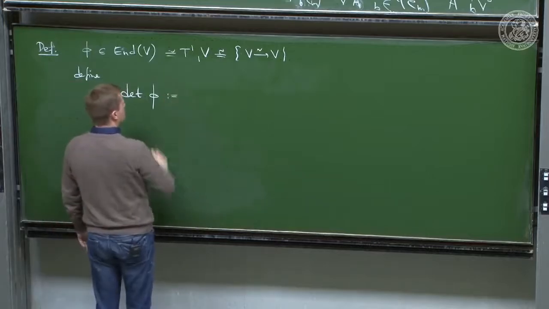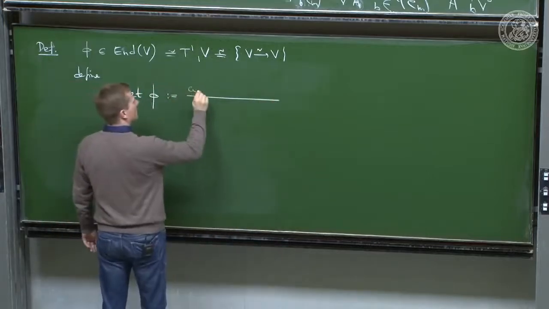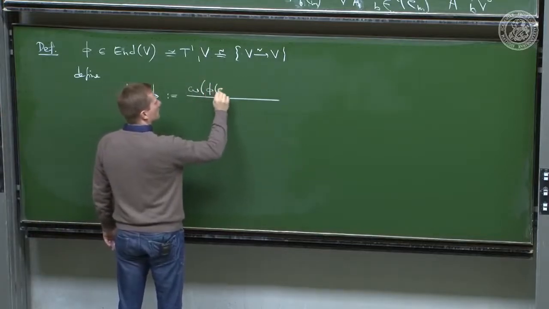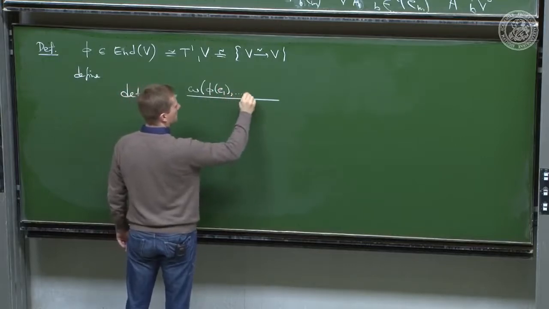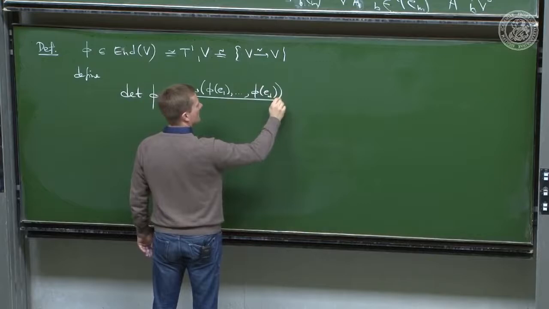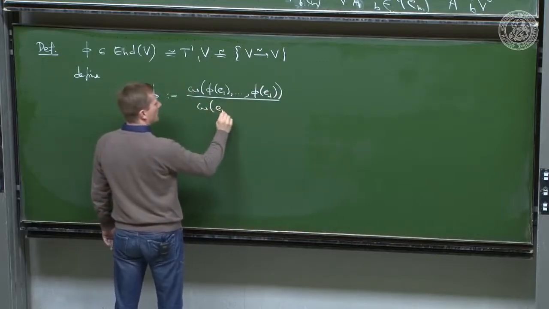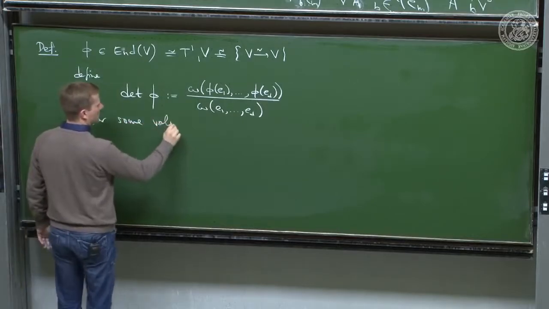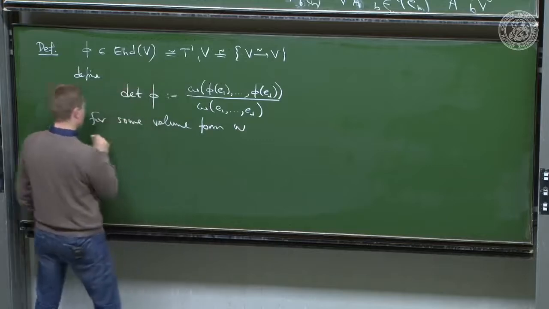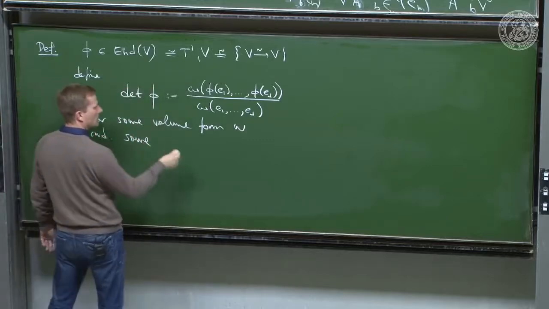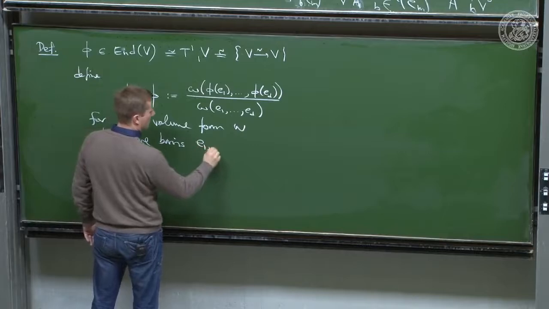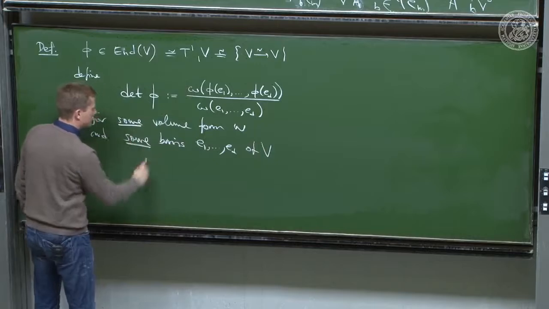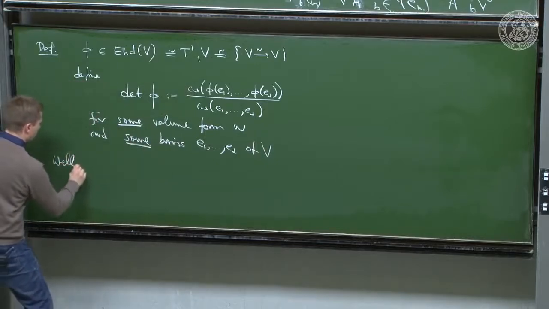And this number is defined as the quotient of, you take a top form, omega, and you use a basis, phi E1 to phi ED, we're d-dimensional, and you divide by omega E1 to ED for some volume form omega and some basis E1 to ED of V. And of course, if I say for some, I need to check whether this is well defined.